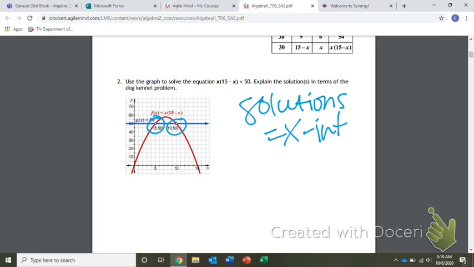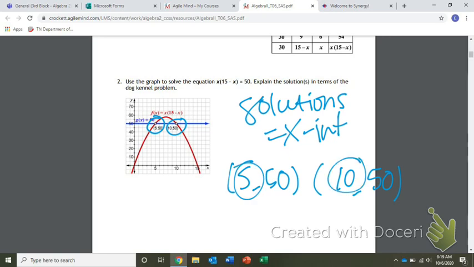So we have two sets of parentheses, 5 and 50 and 10 and 50. Well, our solutions are going to be 5 and 10. It's just another way to find your solutions. So we've looked at a table first to find our solution, and we've looked at a graph where they intersect to find the solution.